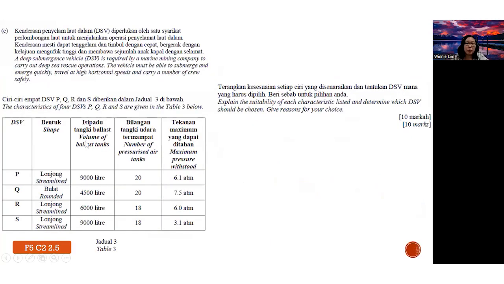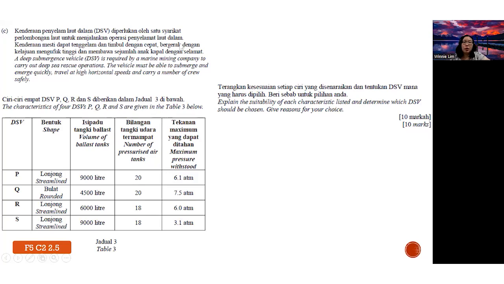Okay, so for section B, you will have a table and you are needed to choose the best answer. So the question states that a deep submerged vehicle, DSV, is required by a marine mining company to carry out deep sea rescue operation. And the vehicle must be able to submerge and emerge quickly, travel at high horizontal speed, and carry a number of crew safely.